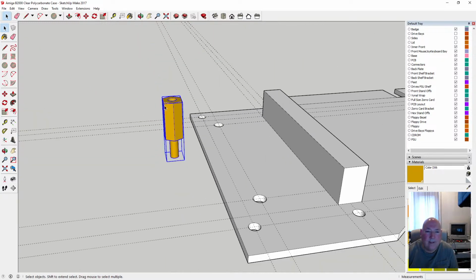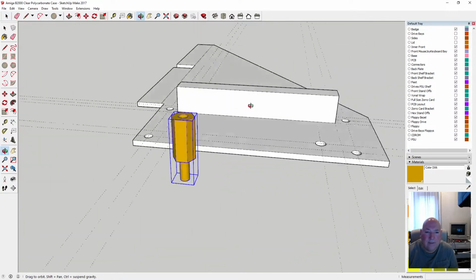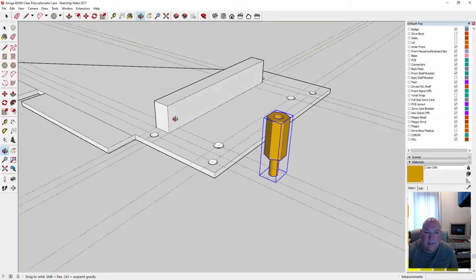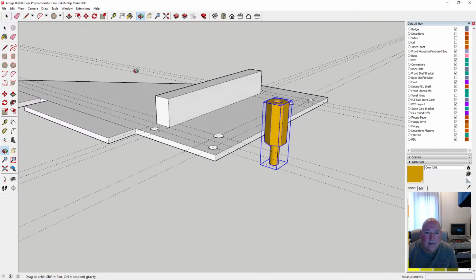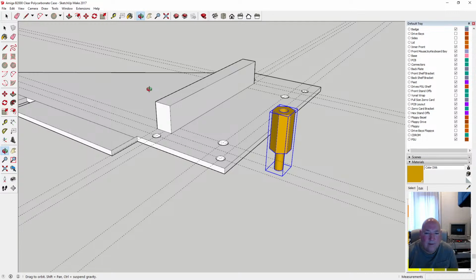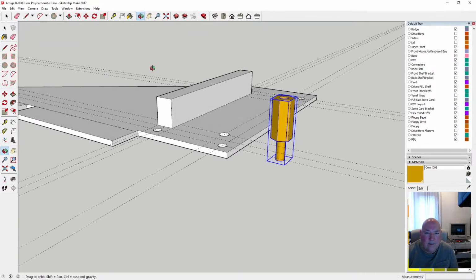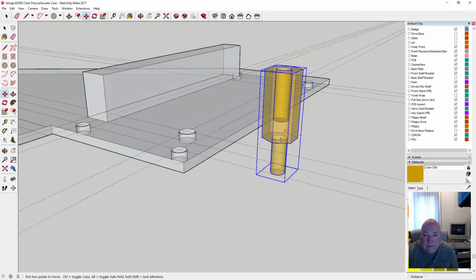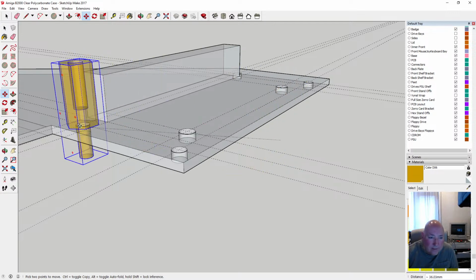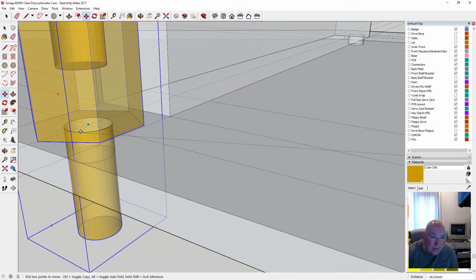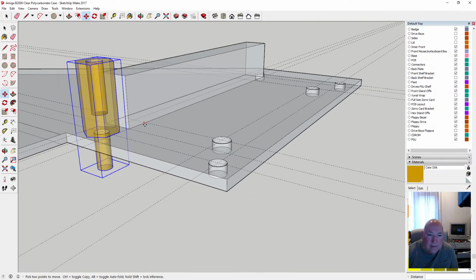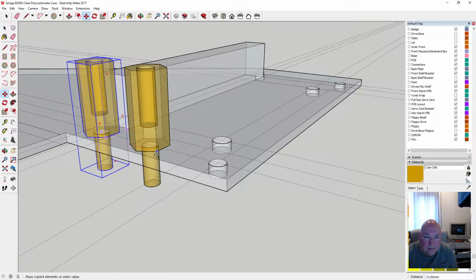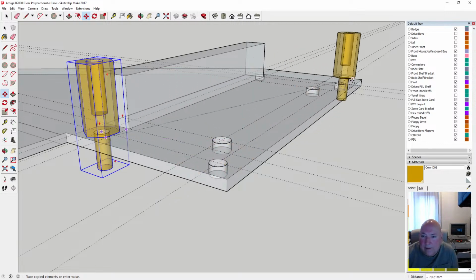Okay, so we've got our fixing now. So that can be put in place. So the way we do that is sort of like 3D. Yeah, so we grab it from here and we put it over here like that. And we do the same again. Same again over here.